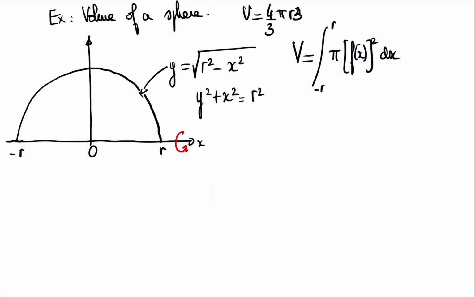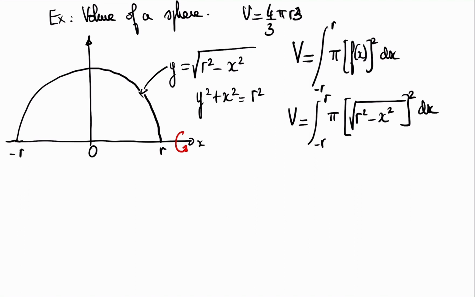Therefore V equals the integral from minus r to r of pi times the root of r squared minus x squared, squared, dx. So that means V equals, we can pull out the pi, the integral from minus r to r of r squared minus x squared dx.